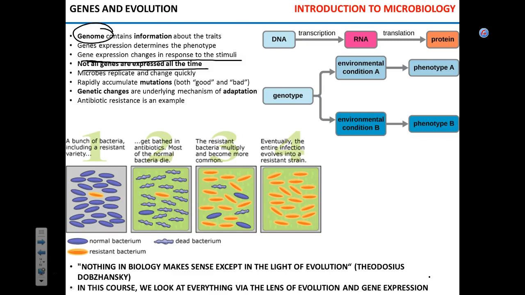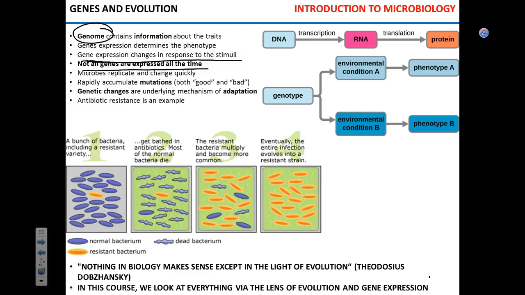Let me give you a really easy example. You have E. coli. Normally it uses glucose as the source of carbohydrates. Makes sense. You follow me, right? You take E. coli and you put it in the medium where there is no glucose but a lot of lactose.